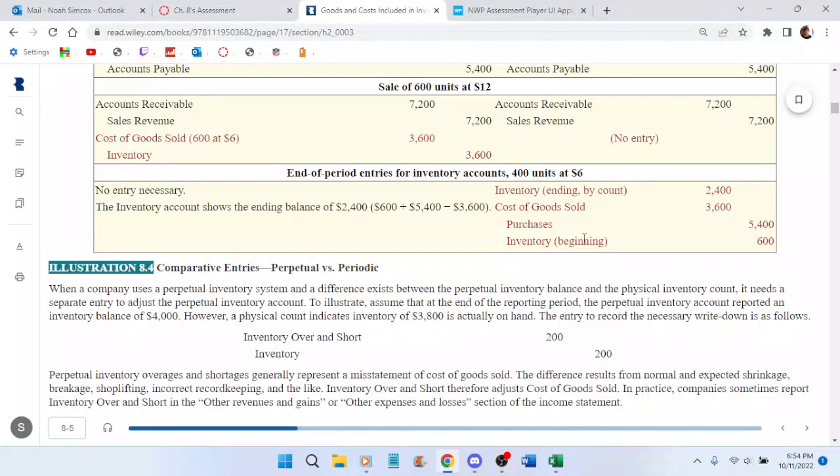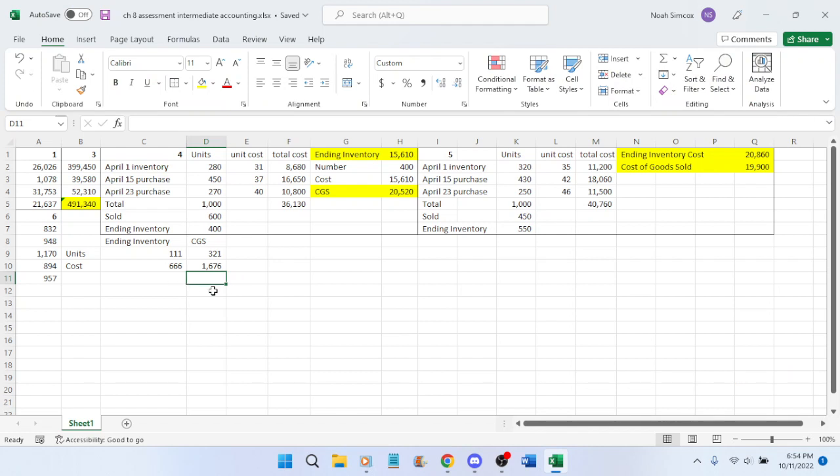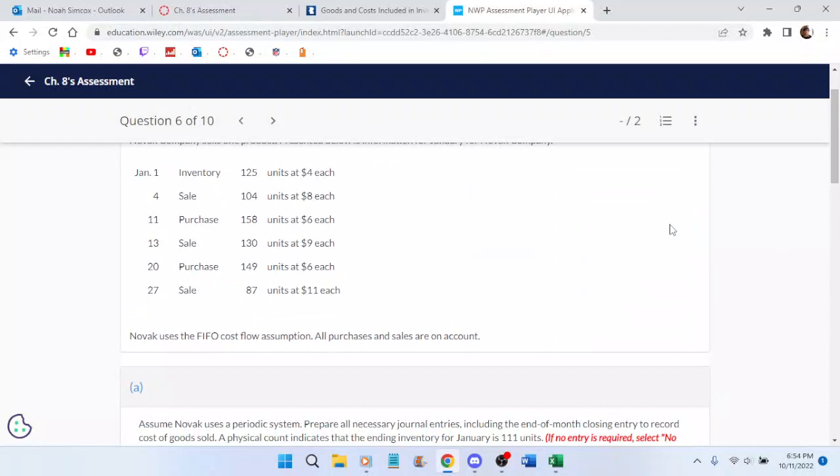Can you please explain this? I'm assuming all they did was erase all of their purchases. So to erase all the purchases, I think I did it too complicatedly.